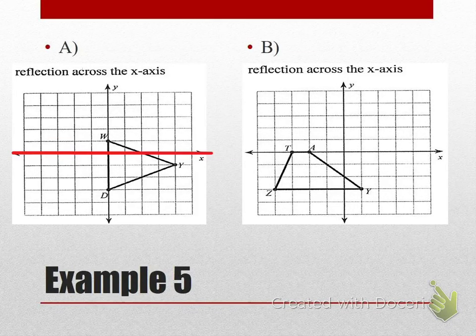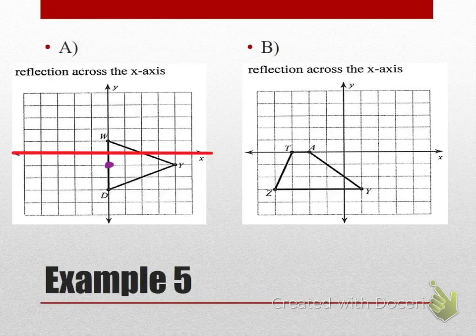Which point do you want to start with? Okay. If we start with W, W starts out above the x-axis. So when we reflect it, where do you think it'll end up? Below the x-axis. If it starts out 1 above, when we reflect it, how many below do you think it'll be? 1 below.